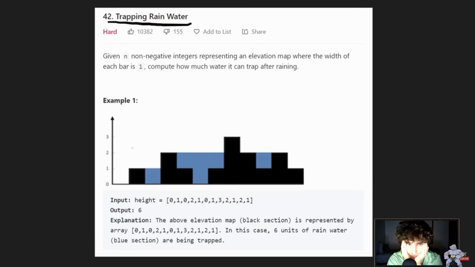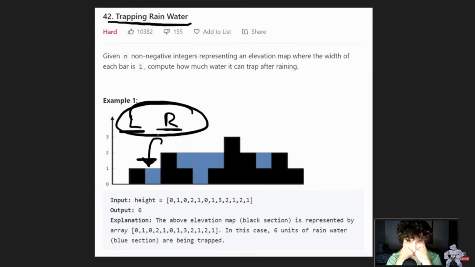So we're seeing that the height on the left is 1, the height on the right is 2. So we need to take the minimum of 1 and 2 because that is our bottleneck. That is what's determining exactly how much water we are able to trap per position. For every single position, we need the max height on the left and the max height on the right, and then we need to take the minimum of those two.